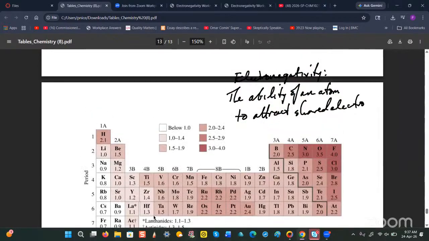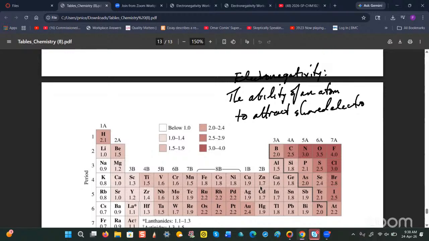So this here is a table which Linus Pauling came up with. If you look in different textbooks, you'll see different variations, especially with the numbers. But for all purposes, we'll be using the numbers provided here, right? So basically, he came up with this scale based on several quantitative factors, including thermodynamic data.